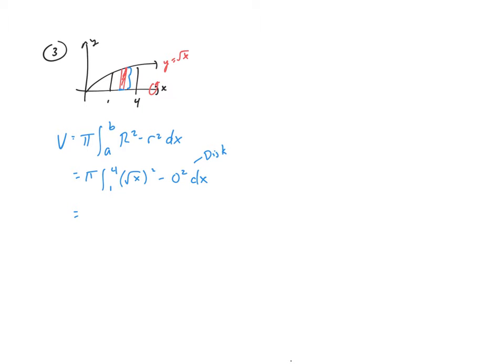But same method, we have pi times the integral from 1 to 4 of x dx. And we can put that in our calculator, but for some reason I feel like doing this by hand. It's just so little. Hope we need a pi there. So I've got pi over 2 times 16 minus 1, which is 15 pi over 2.